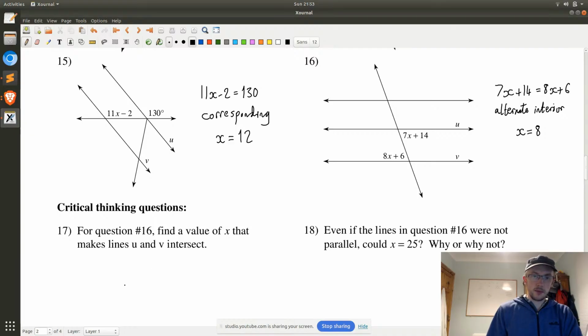Now we must find a value of x that makes lines u and v intersect. In other words, we would have to find a value of x that would make 8x at 6 smaller.